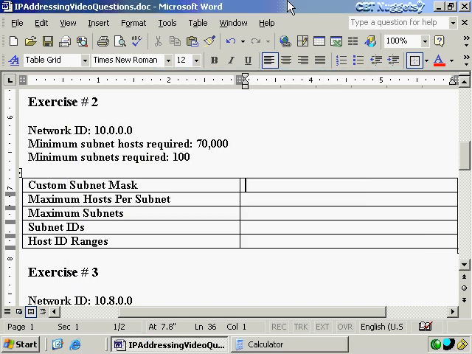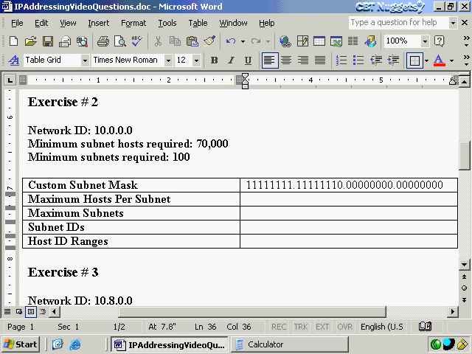So I'll put in my first octet, which is my 255 for a default Class A address. Remember, we always keep our classful subnet first. And then my custom subnet mask would have to be 7 bits. And then the remainder would be all of my host ID.